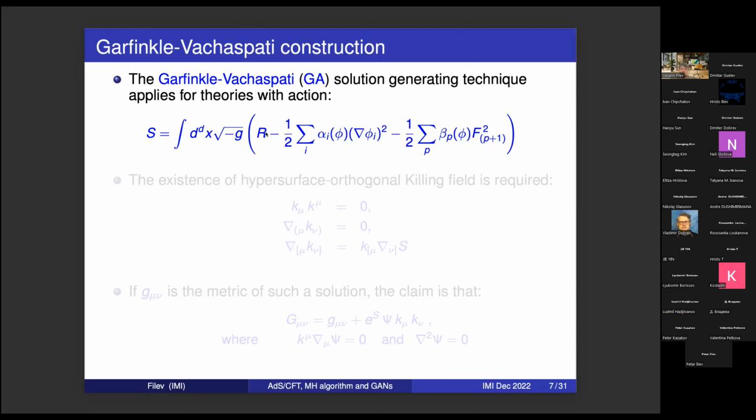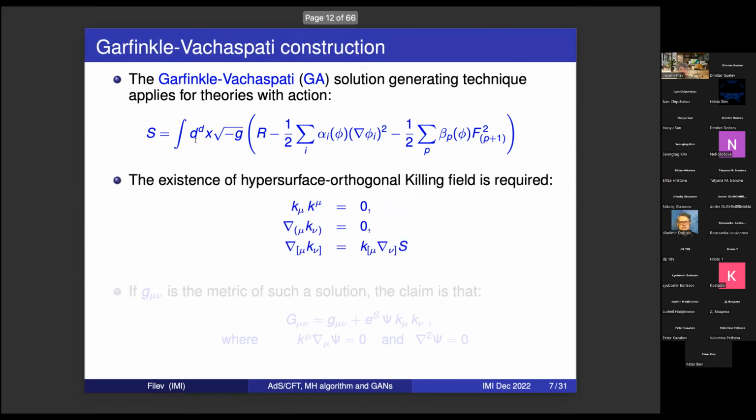And the idea here is to start with these theories and then consider something called a hypersurface-orthogonal Killing field. So it's a Killing vector with zero norm. And the hypersurface-orthogonal condition is the third condition here, where S is some scalar.